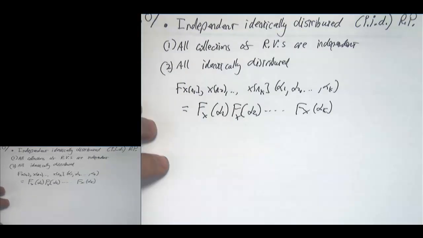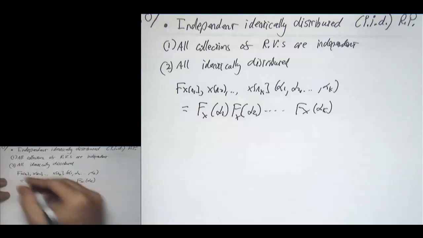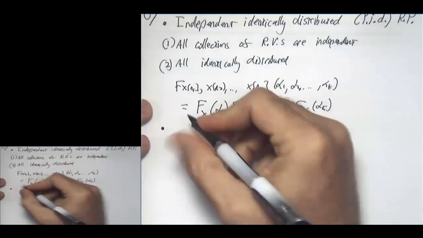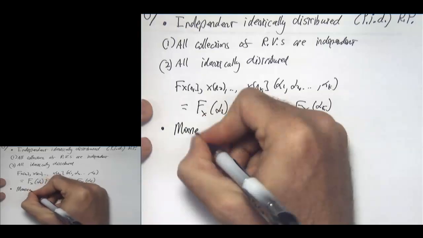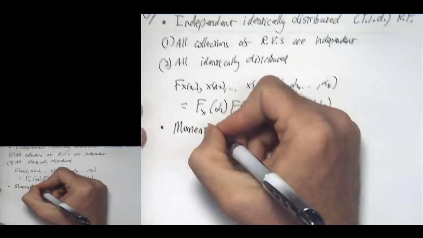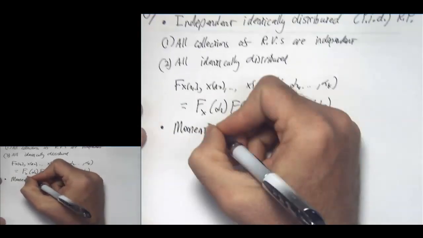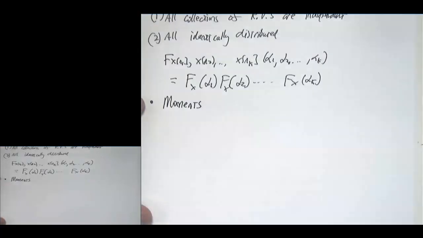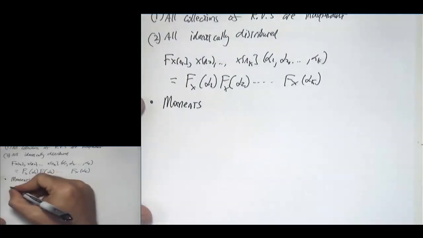Any questions on that? All right, now let's get into the moments of a stochastic process. We're going to use the moments to build up a simpler characterization. For that, I have to define three quantities.